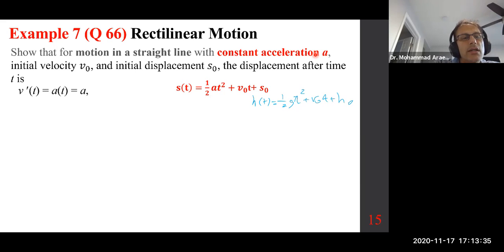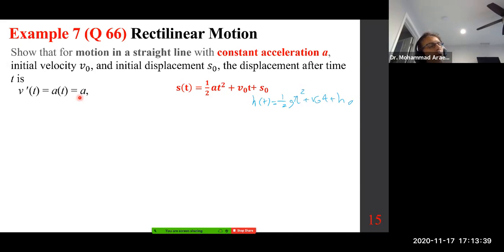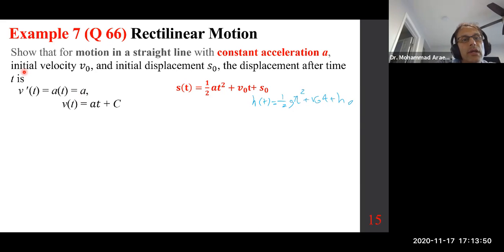All right. So if this is the acceleration, the V is what? The integral of A. And the integral of A is A t plus a constant. Now, the initial velocity is V sub 0. That means V of 0 is V sub 0.